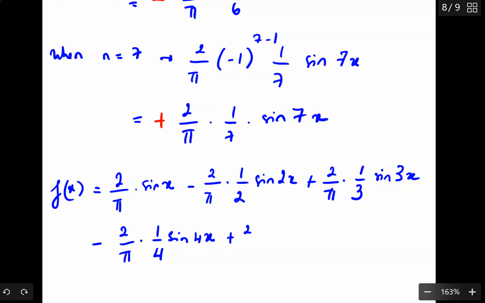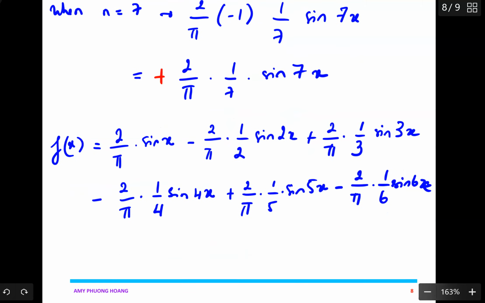And I add that with 2 over pi times 1 over 5 times sine of 5x. Subtract 2 over pi times 1 over 6 sine of 6x. And then I add that with 2 over pi times 1 over 7 sine of 7x.